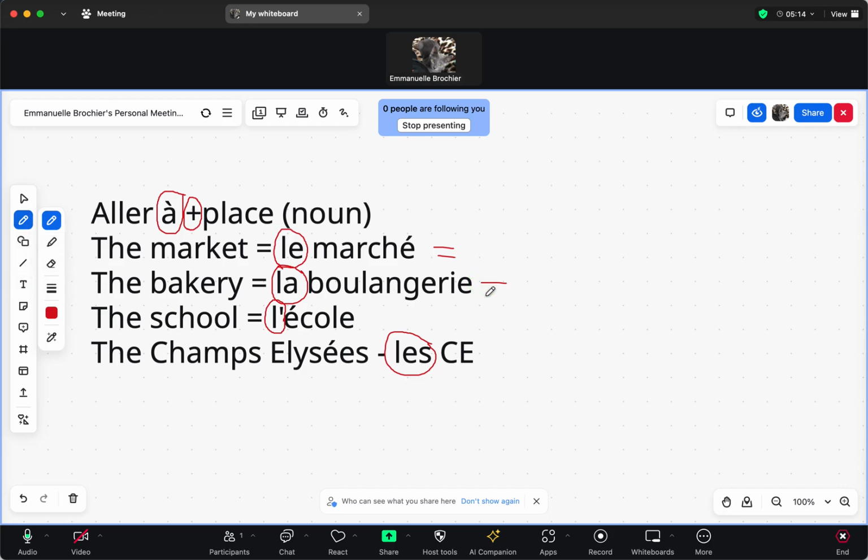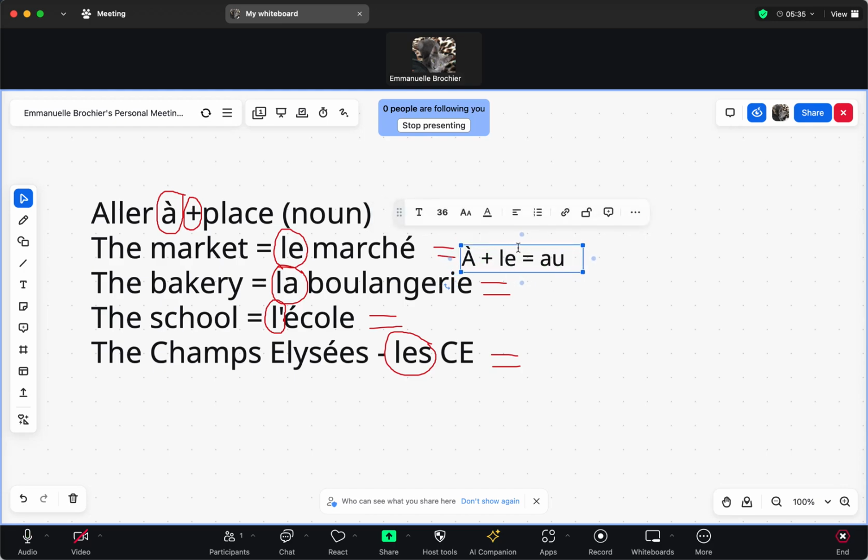Every time, either we have a contraction or we don't change anything. So à plus le, let's type it. À plus le equals au. Here with the feminine we don't change anything, so à plus la is just à la.